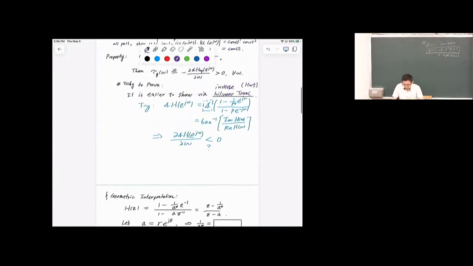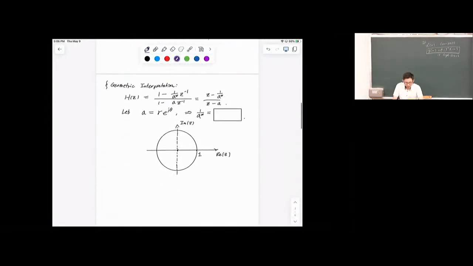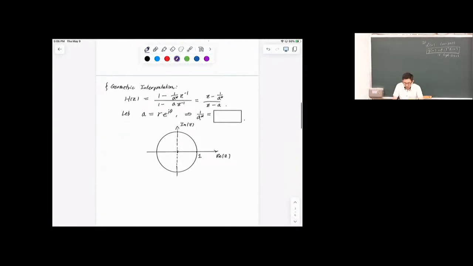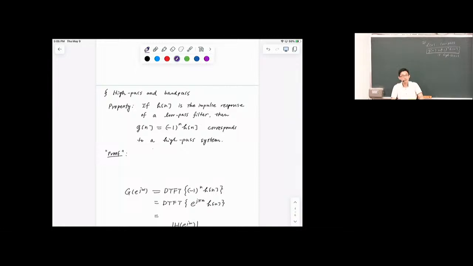Next I want to show you, not the geometric interpretation, but let me jump ahead, because I want to talk about important stuff first. So now I've introduced to you that there is such a kind of system which, even though the magnitude response is constant, the phase response is not constant.